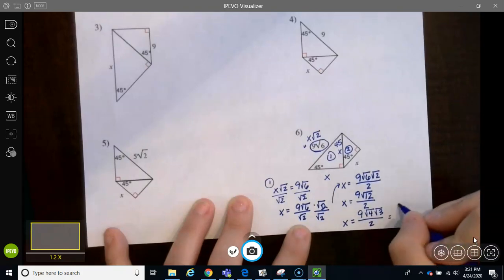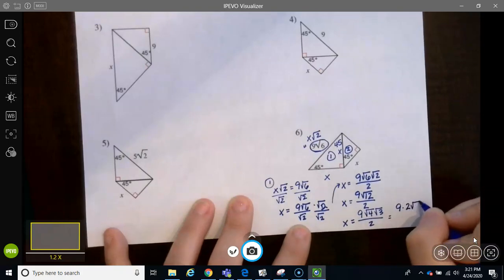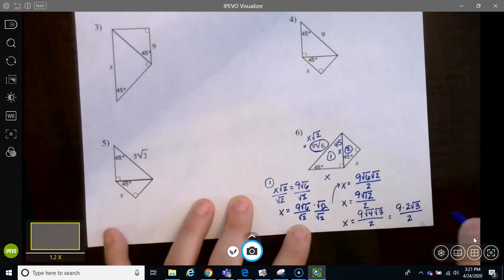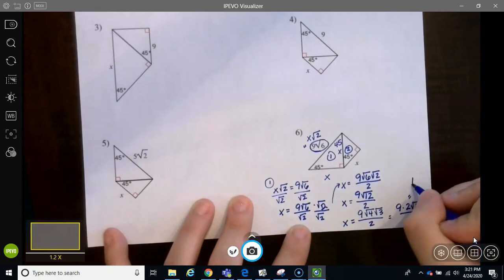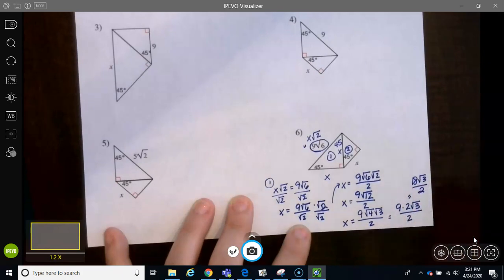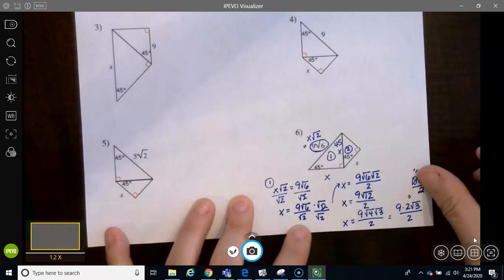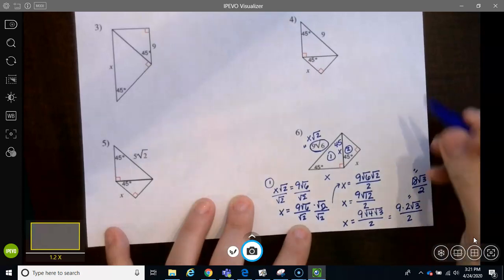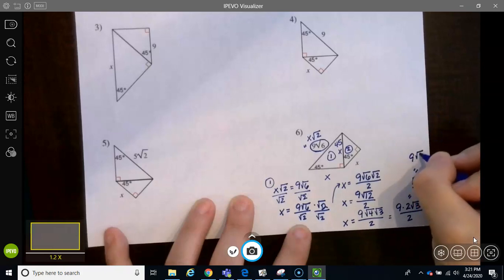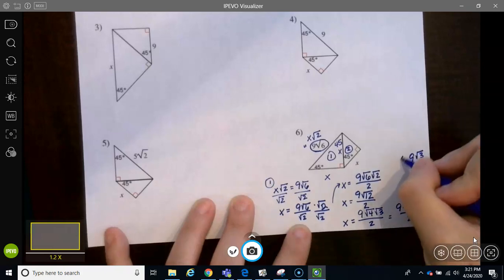So that becomes 9 times 2 times square root of 3, which gives you 18 square root of 3 over 2. And then you would reduce that. Covering up the square root, 18 over 2 gives you 9, so you get 9 square root of 3. And that was what x equaled.